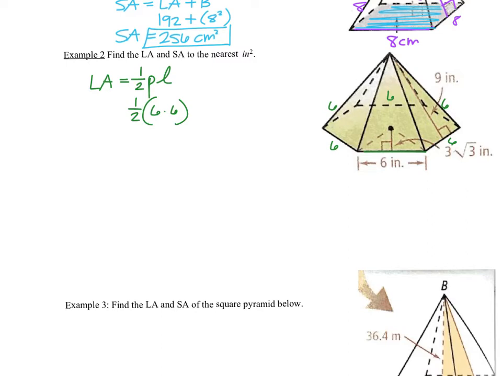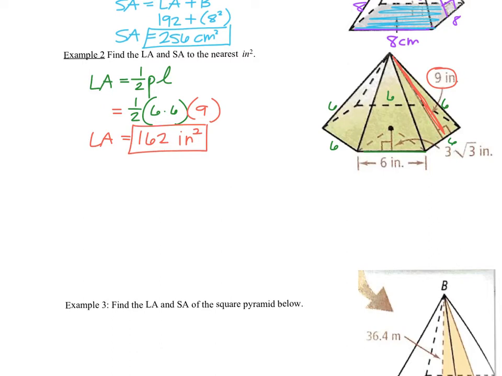And then which number is your slant height? If you look at the picture here, this guy, which is 9, is going to be our slant height. So if we plug this in, lateral area, 1/2 times 36 times 9, or you can just do 1/2 times 6 times 6 times 9, is 162 square inches.